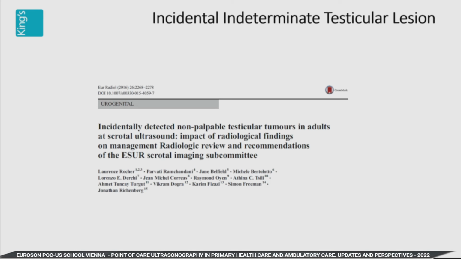There's a focal lesion in the testes, and this is the incidental indeterminate testicular lesion that you'll pick up. The European Society of Urogenital Radiologists have issued guidelines on how you manage this incidentally detected non-palpable testicular tumor and how your imaging findings impact on the management of the patient.